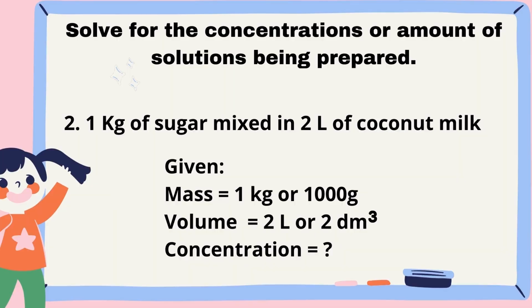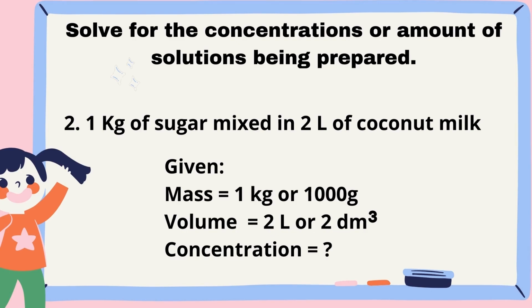Number 2. 1 kilogram of sugar mixed in 2 liters of coconut milk. The given are mass is equal to 1 kilogram converted to 1,000 grams. Volume is equal to 2 liters converted to 2 cubic decimeter. Now, what is unknown? Concentration is unknown.